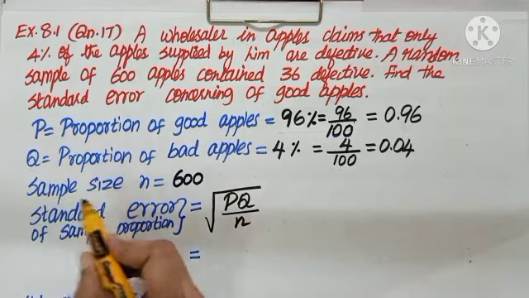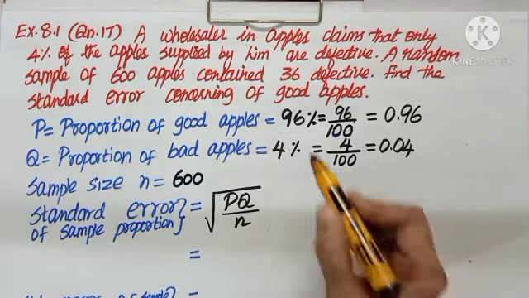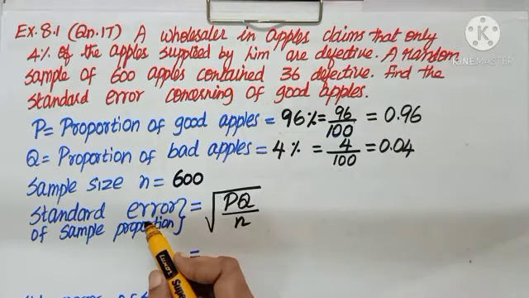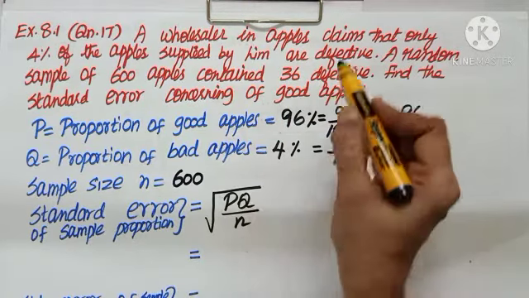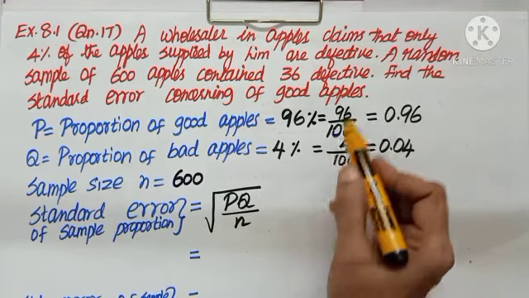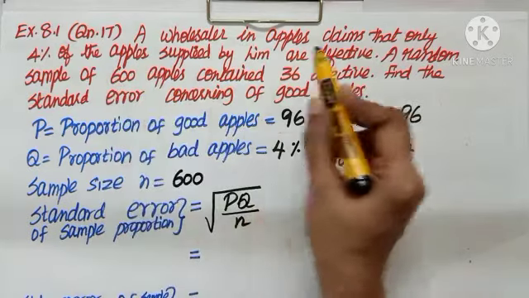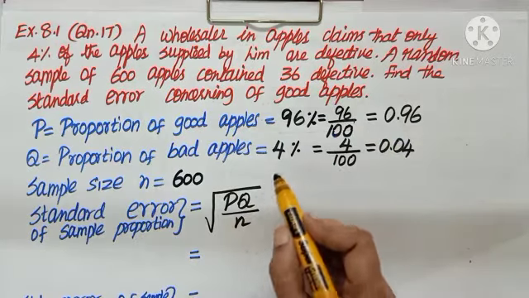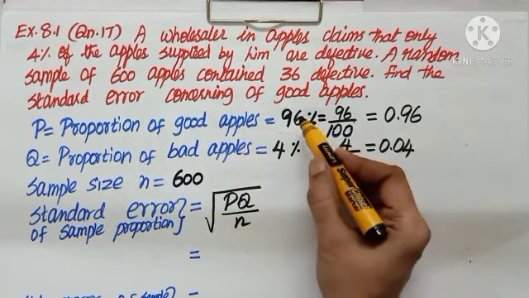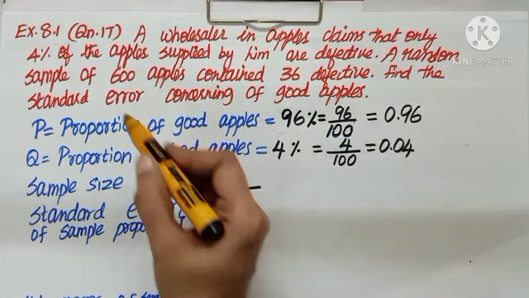P, Q and n. This is actually a sample proportion, but for standard error we are concerned about population proportion. What is the general claim? So the general claim is 4% defective. So that tells me Q is 4%. So automatically we get what is P and naturally what is n.